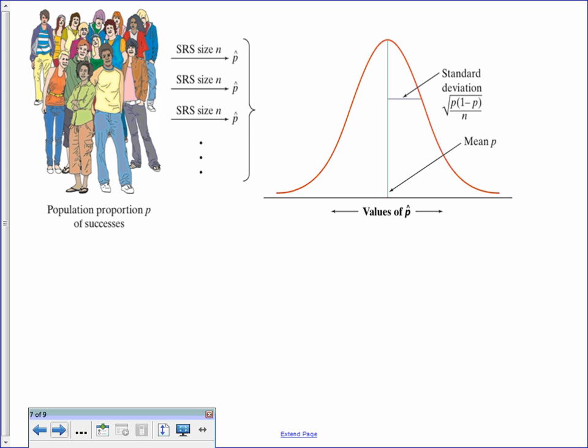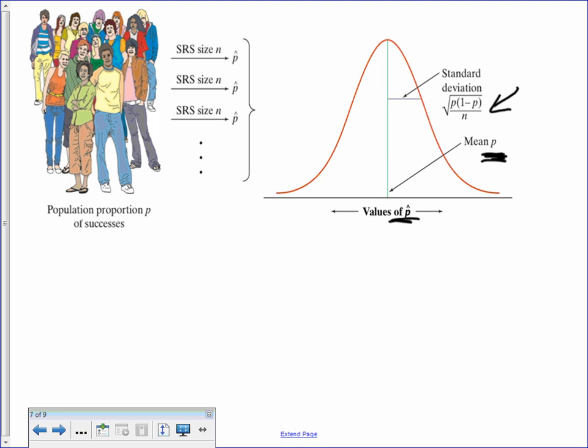But what this means is that for all values of p hat, it's going to follow a distribution where the mean is the true proportion and the standard deviation is the square root of the proportion times 1 minus the proportion divided by the sample size.